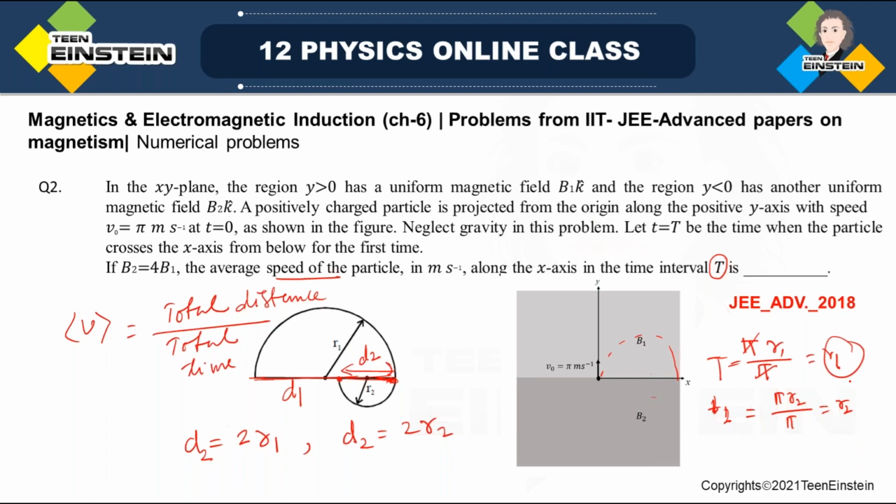So this is R2. So the total time will be T1 plus T2, so R1 plus R2.